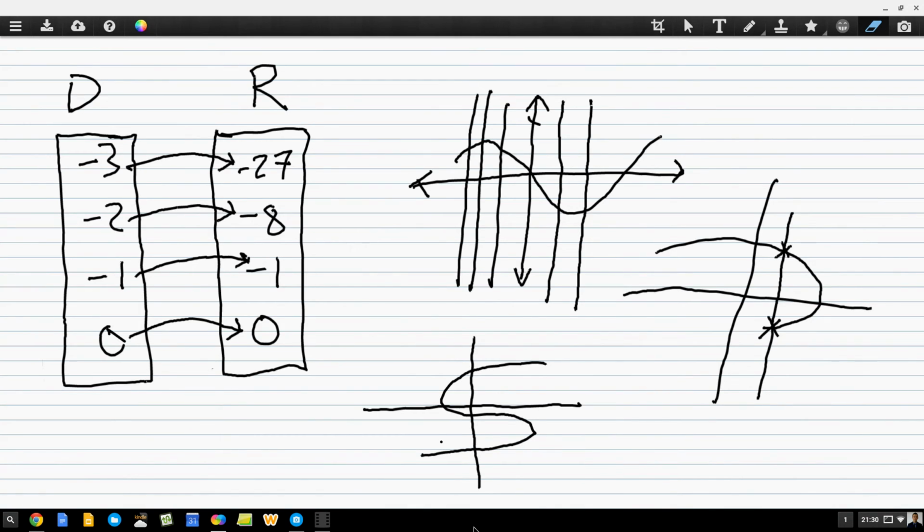Something like that. Okay, so notice, let's pick this x value. If you draw the vertical line, notice you have three y values: 1, 2, 3. So for this x, you get three different outputs. So based on the vertical line test, it failed. So it's not a function.